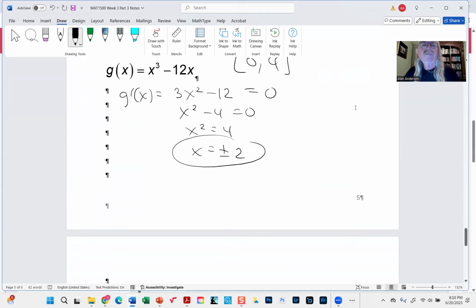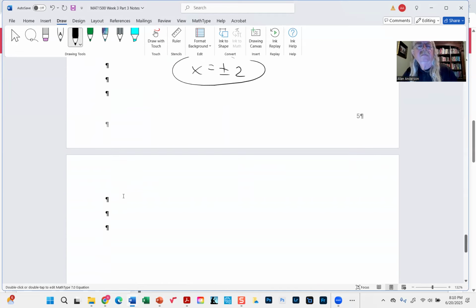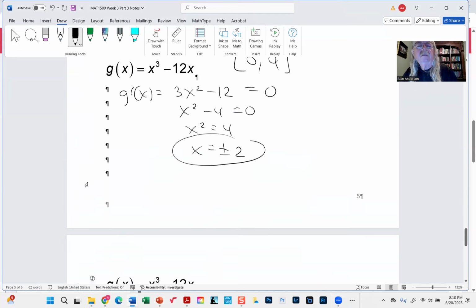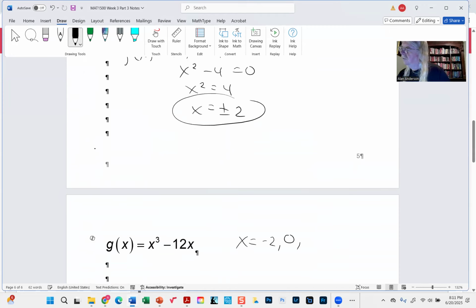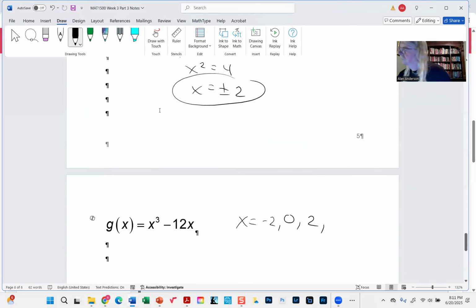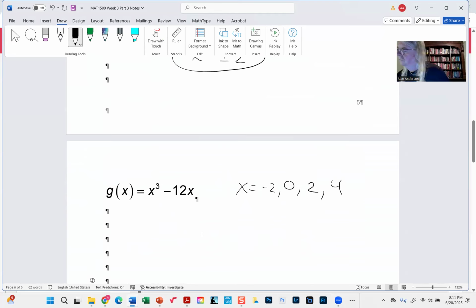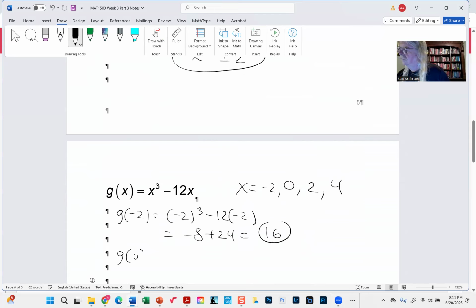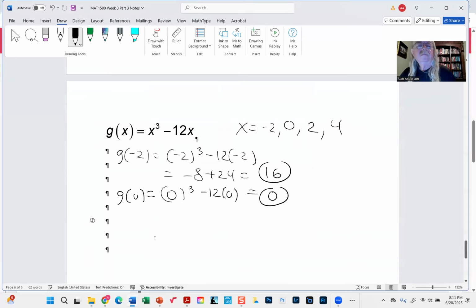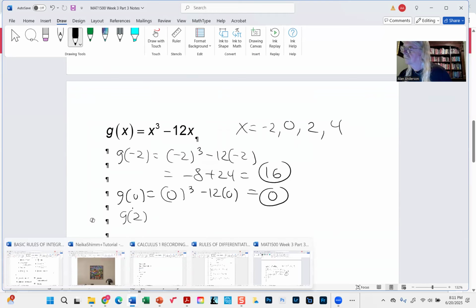So what we have to do now is solve for g of x at the points -2, 0, +2, and +4. And then the last one is 4.